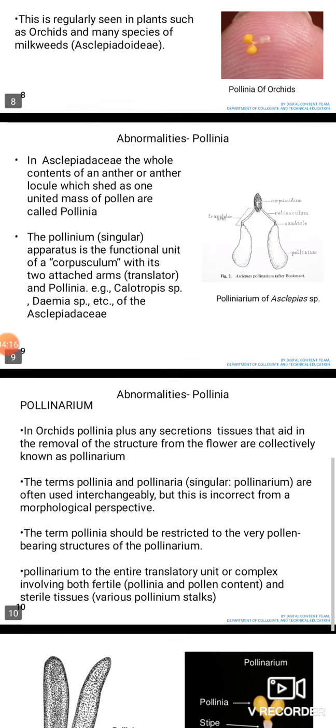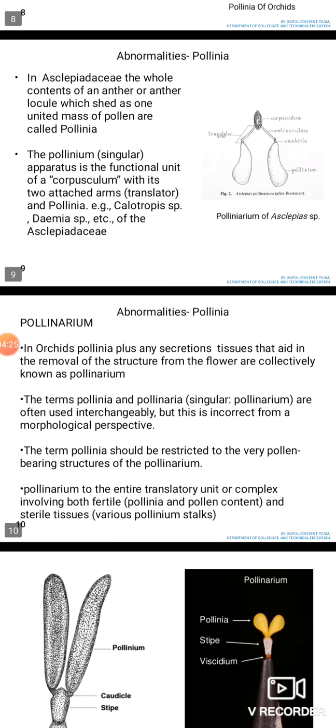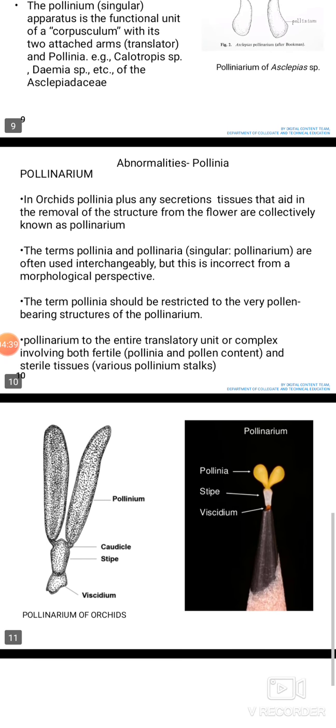The term pollinia should be restricted to the very pollen-bearing structures of the pollinarium. Pollinarium refers to the entire translatory unit or complex involving both fertile parts, that is pollinia and pollen content, and sterile tissues, that is various pollinium stalks.